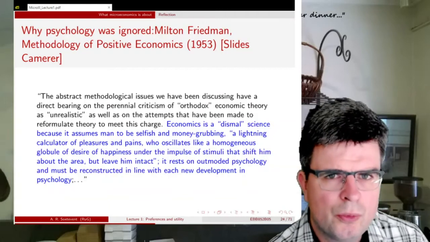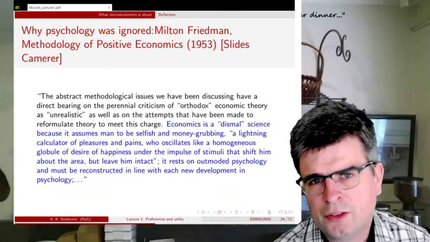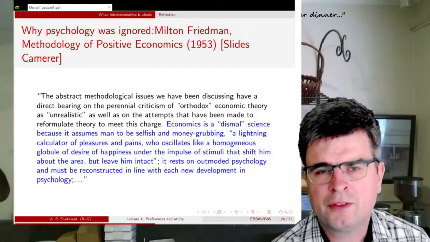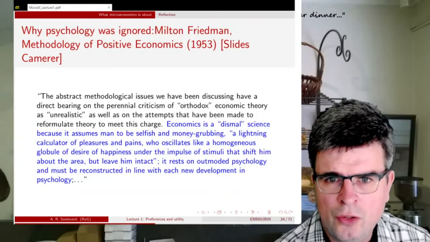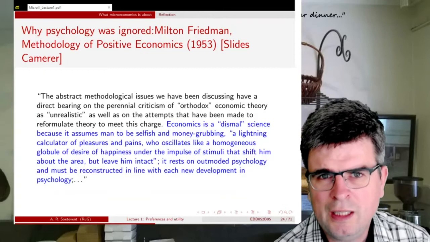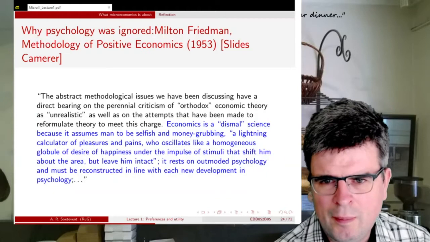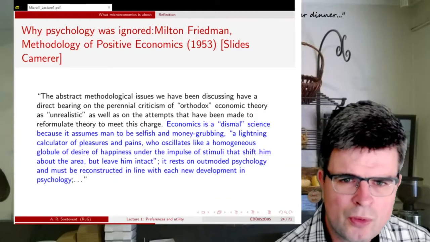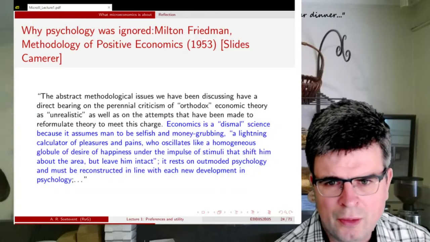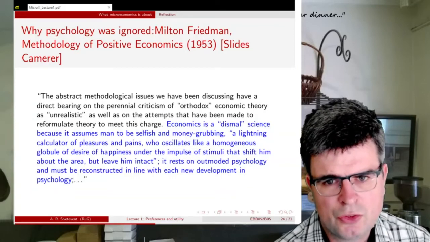Finally, it's useful to know that the discussion that neoclassical theory is way too simplistic, leaves out a lot of things that matter in practice, is not new. Already in 1953, Milton Friedman, who can be seen as the neoclassical economist, writes that there's a perennial criticism of orthodox economic theory for being unrealistic, and that attempts need to be made to reformulate theory to meet this charge.